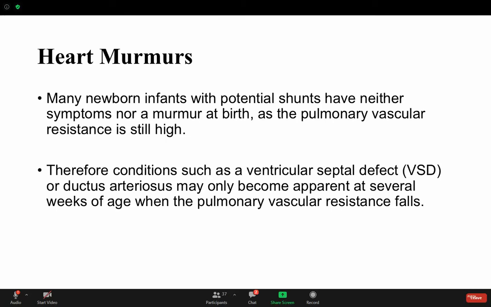But as they grow, the pulmonary vascular resistance drops, there is more shunt, and then you will hear the murmur. Therefore, conditions such as VSD and patent ductus arteriosus may only become apparent at several weeks of age when the pulmonary vascular resistance falls. Okay?